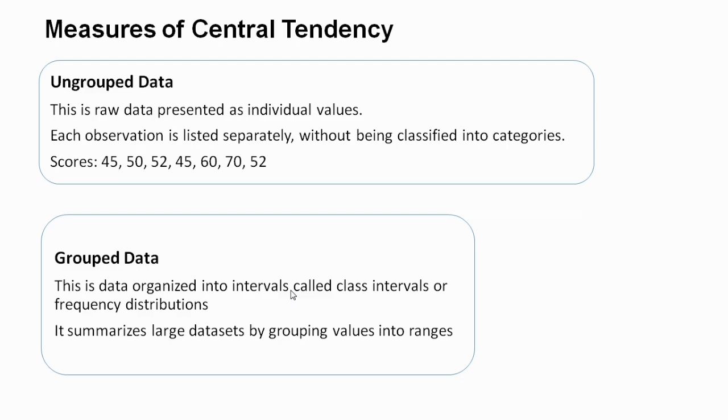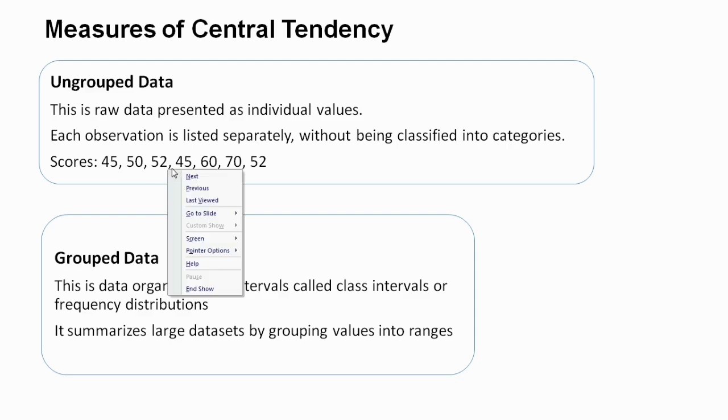So this is raw data presented as individual values. We can calculate the mean, median, and mode for ungrouped data using formulas that we will discuss during the mean, median, and mode calculation.